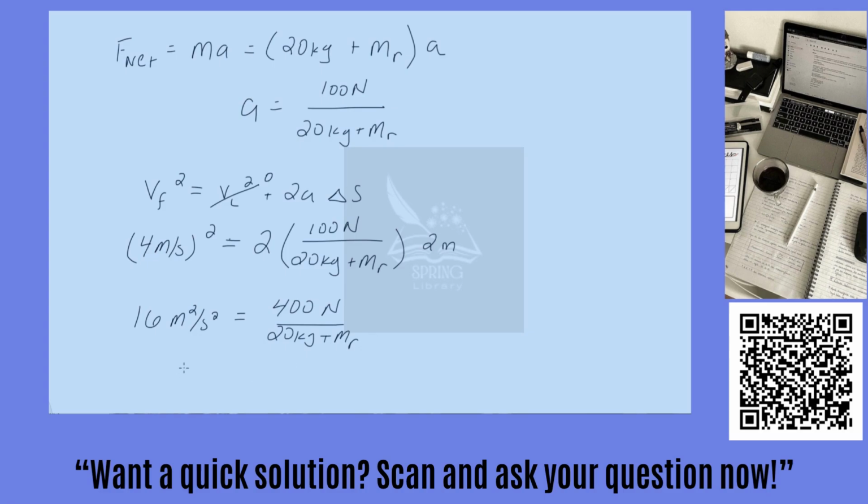So we are going to move the 16 over here and move this term over there. So we will have 20 kilograms plus the mass of the rope is 400 newton meters over 16 meters squared over seconds squared.